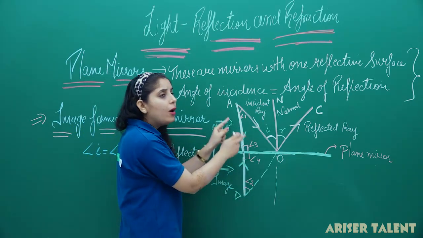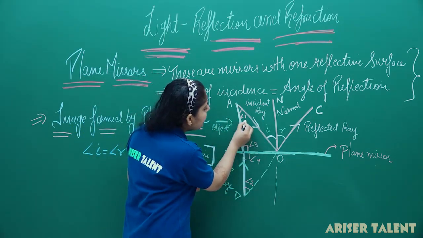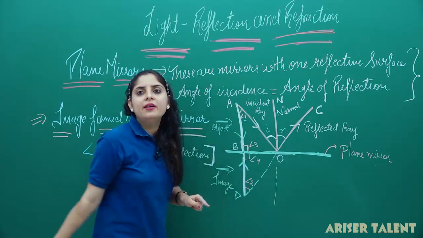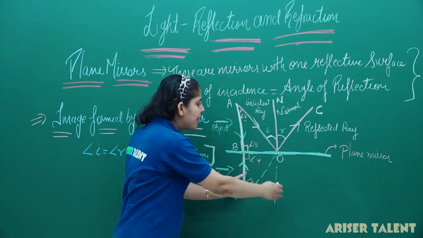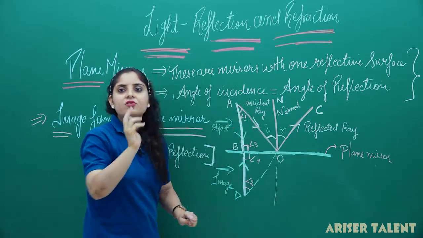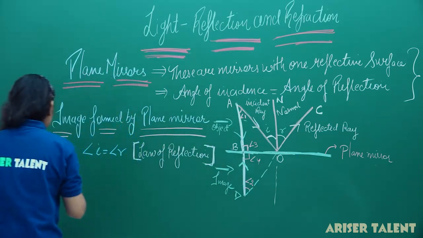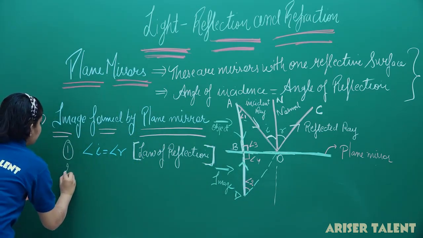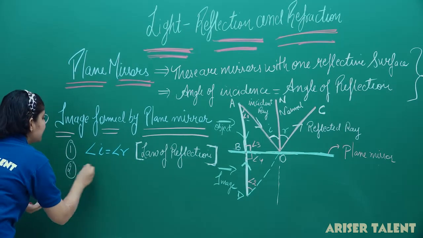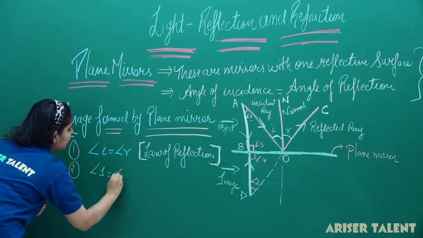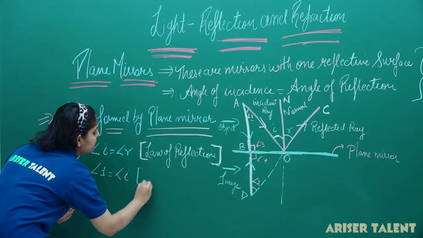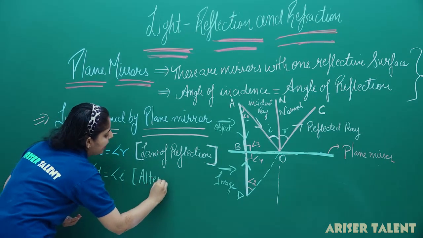Which are the alternate interior angles in this case? Angle 1 and angle I are our alternate interior angles, because these two lines are parallel and I am assuming this is the transversal. So this is our first equation. In the second equation I can simply write angle 1 is equal to angle I, and these are alternate interior angles.